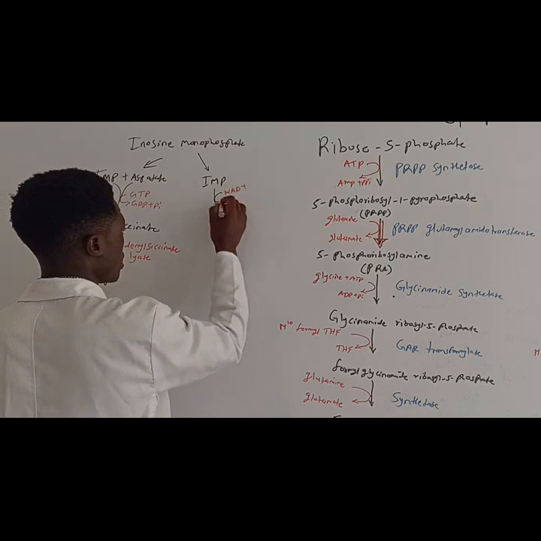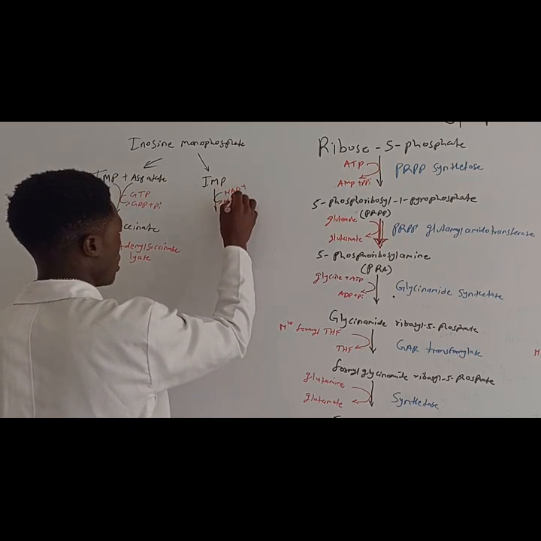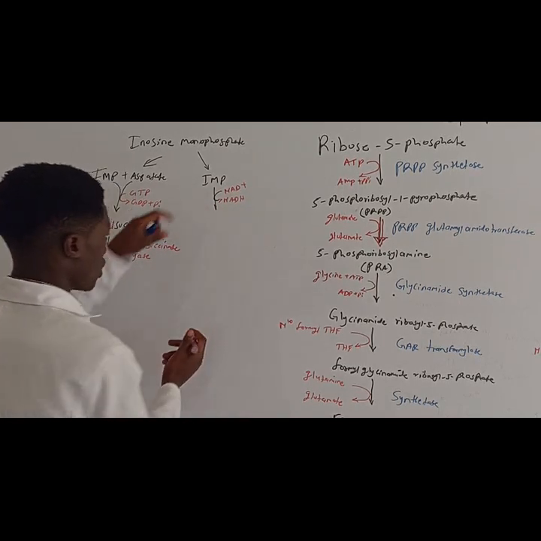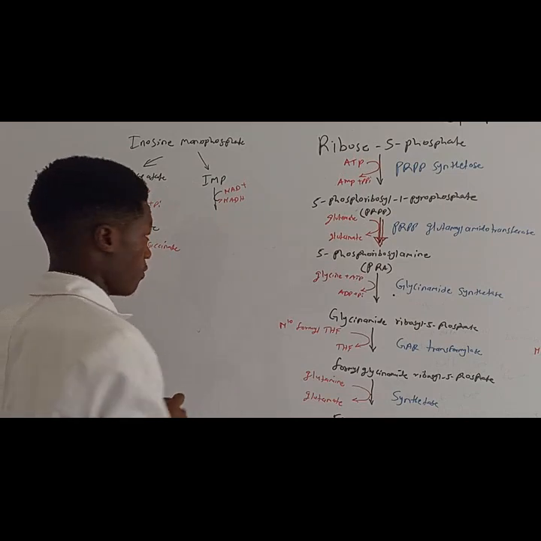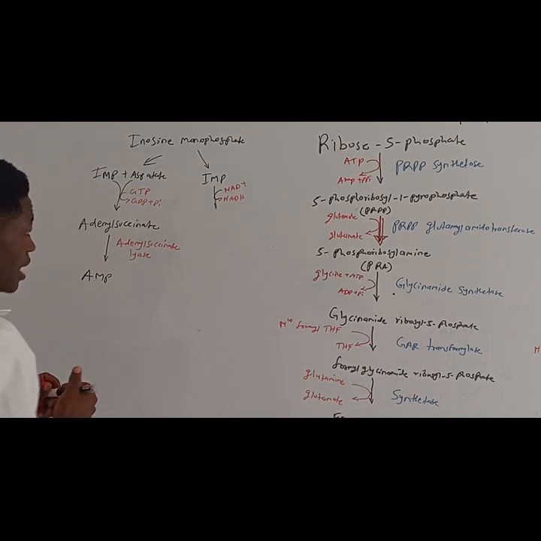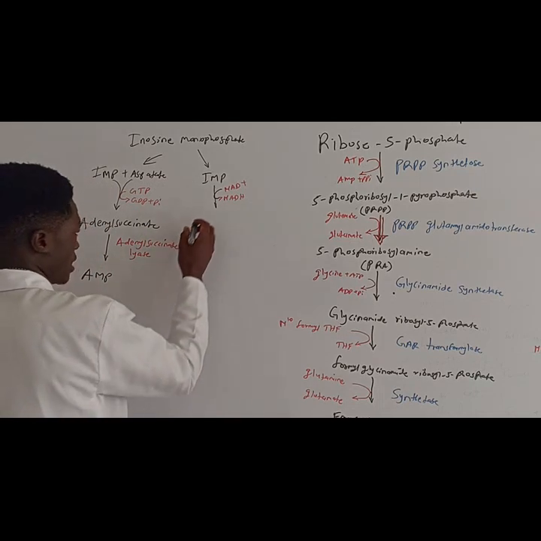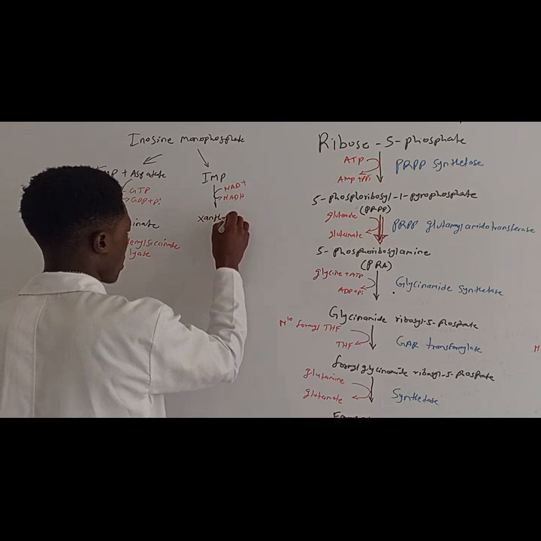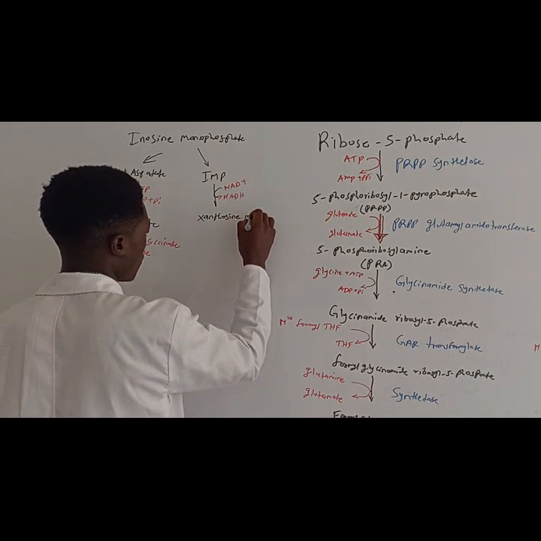NAD+ is going to be converted into NADH. It's going to be reduced. Now when it is reduced, you are going to oxidize the inosine monophosphate. So when you oxidize the inosine monophosphate, you are going to get a new molecule called xanthosine monophosphate.